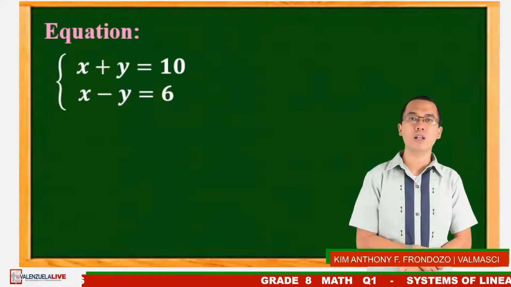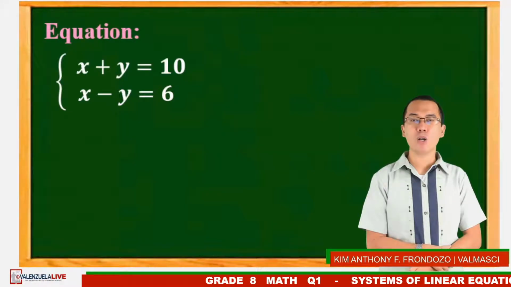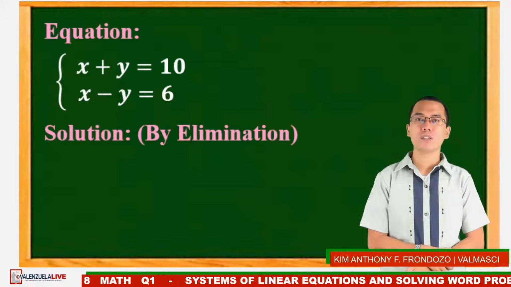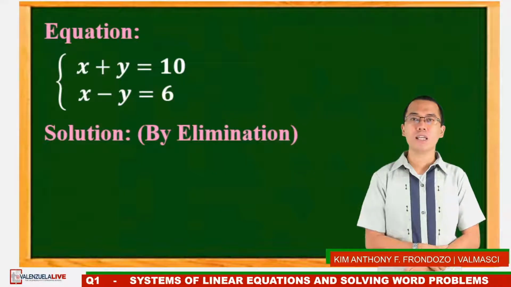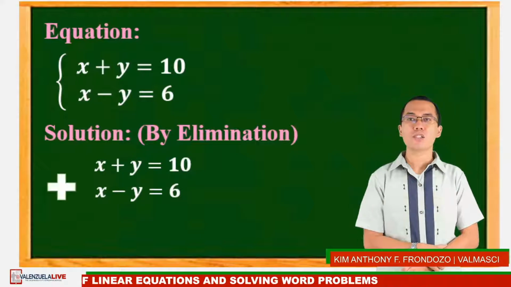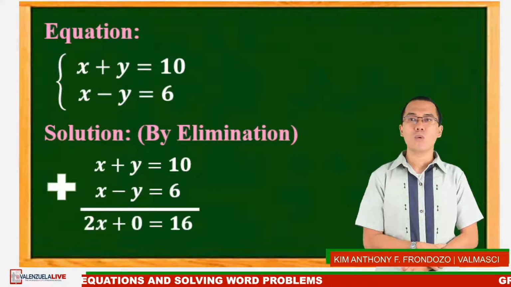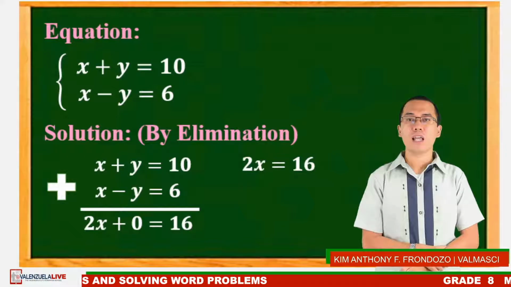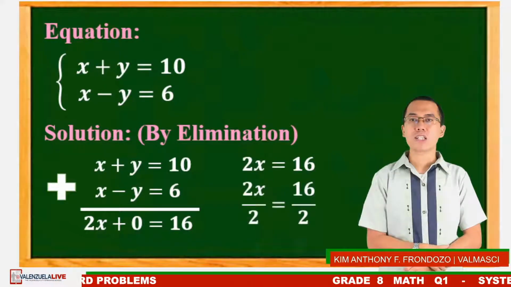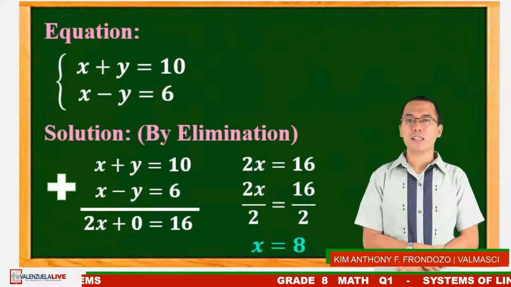In this example, we can eliminate y. So, x plus y is equal to 10 and x minus y is equal to 6. This will give us 2x is equal to 16. Then dividing both sides of the equation by 2, we'll have x equal to 8.